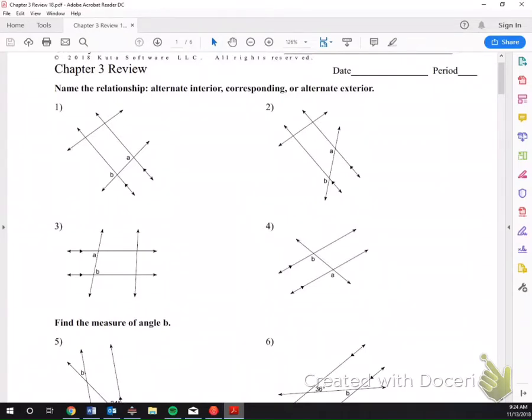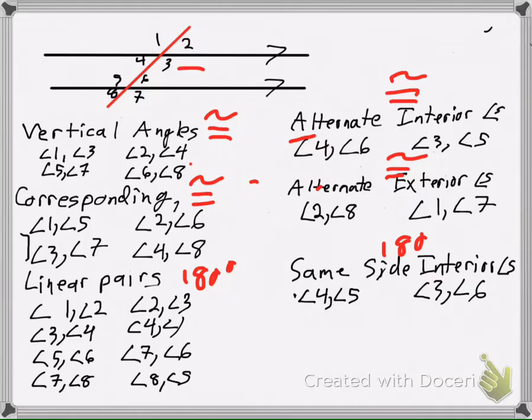Here, I can pull that up really quickly. So it's this. If you don't have this written down, hit pause right now, take notes, and make sure you have this on your test. This is key to understanding angle pairs.